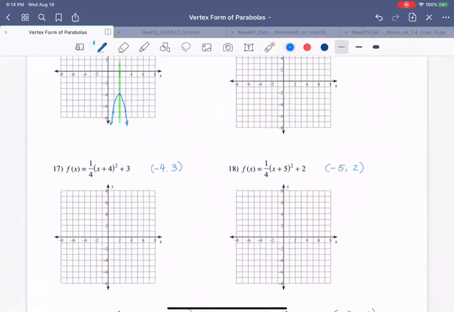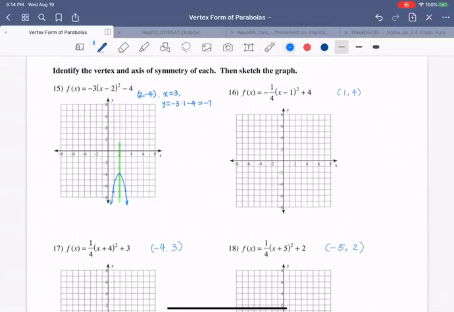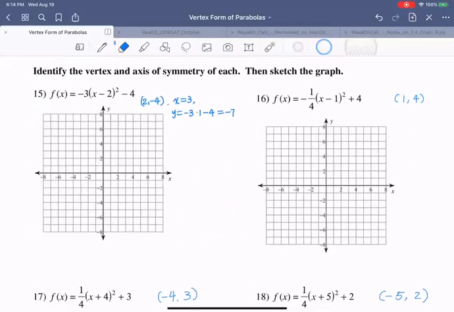Now let's see, how do we draw this graph? When you draw this graph, the first important point is the vertex. If you get the vertex wrong by making one positive and the other negative, it's totally messed up. Getting the vertex correct is the first priority. So you want to draw a point at (2, -4).